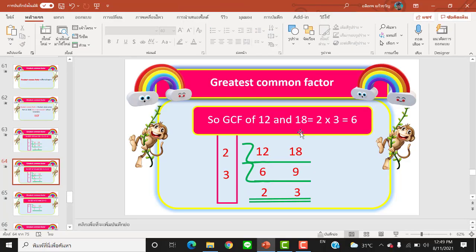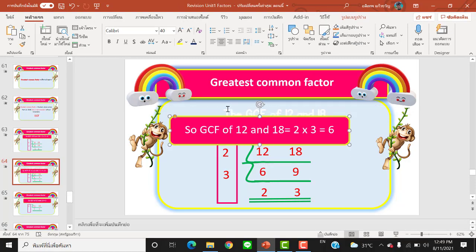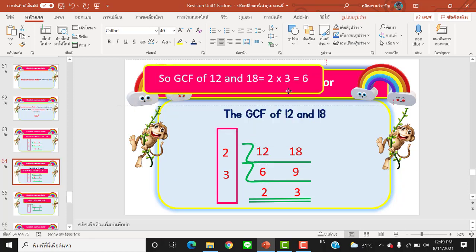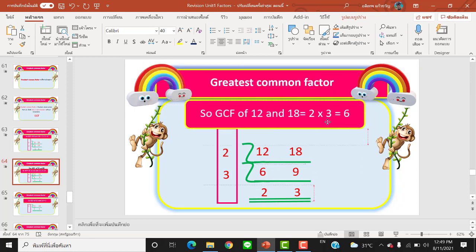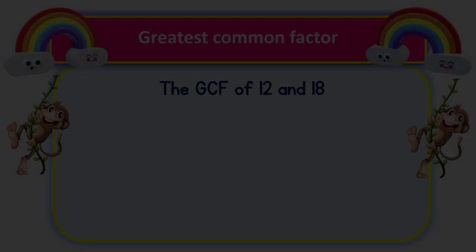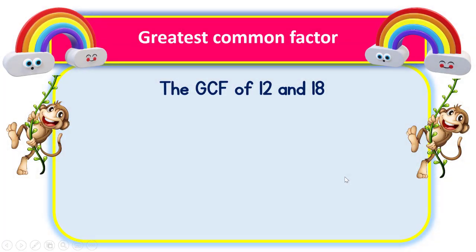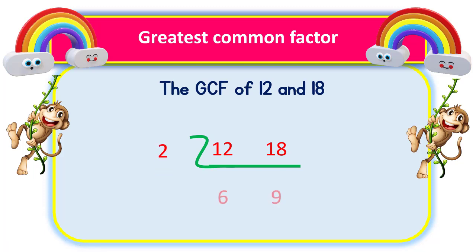Next, the greatest common factor of 12 and 18. Okay. What number can divide 12 and 18? It's 2. So 12 divided by 2 is 6 and 18 divided by 2 is 9.